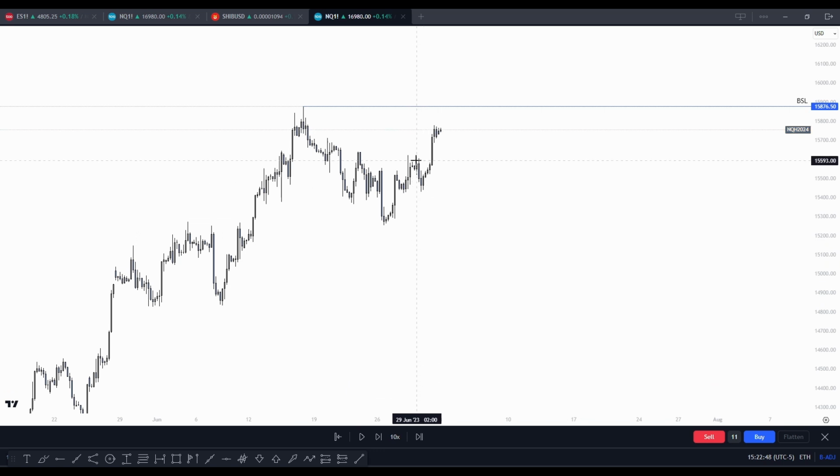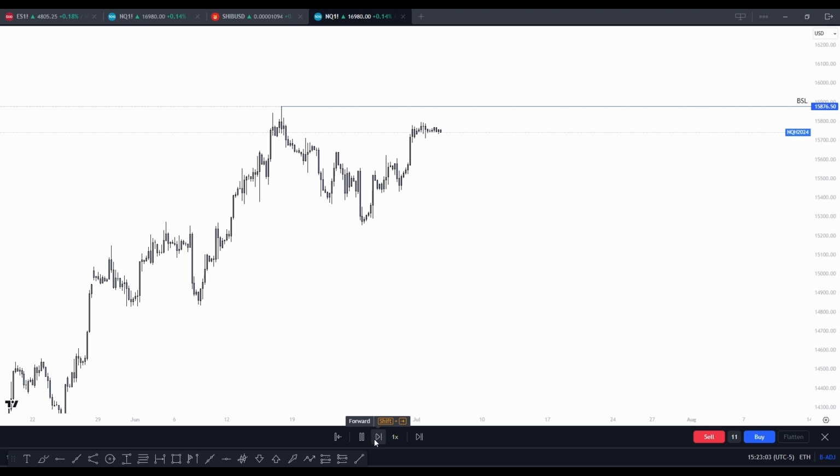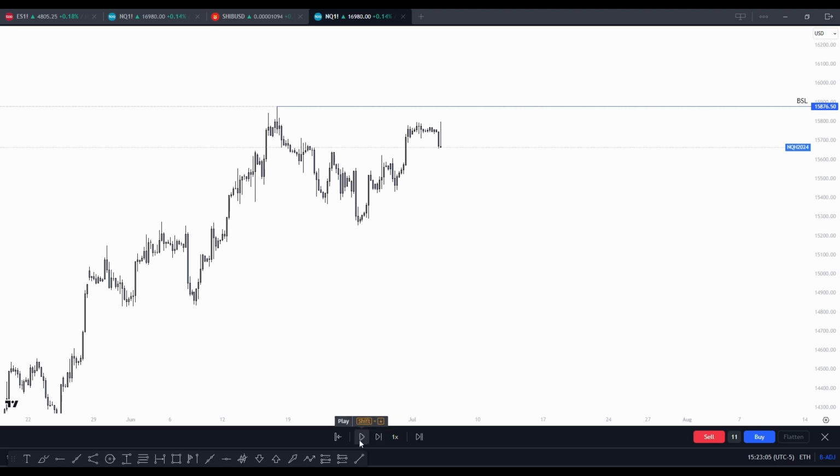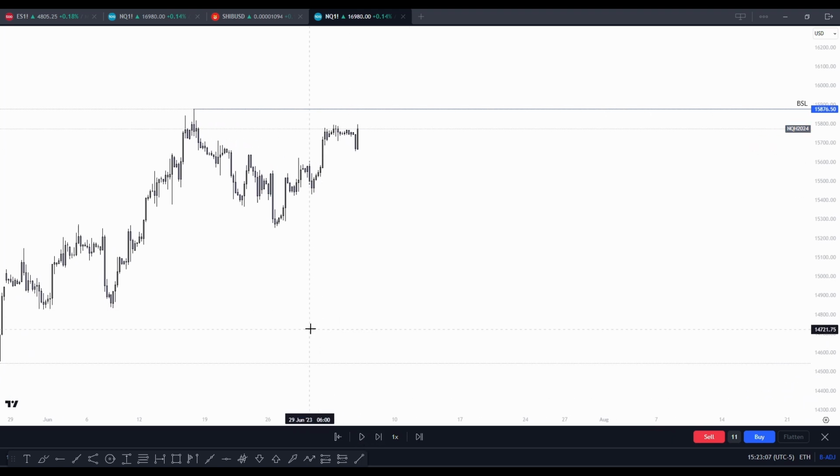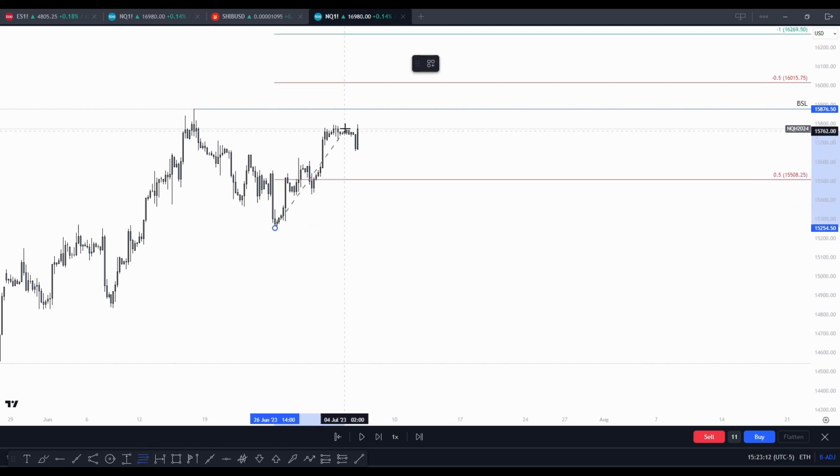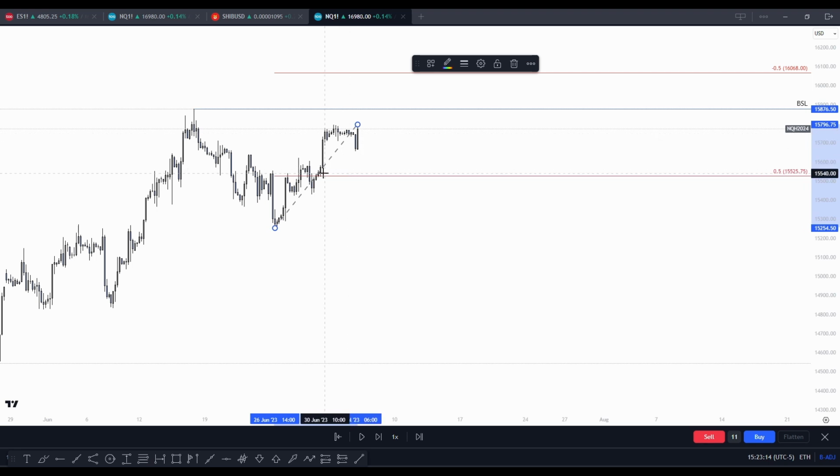So we did just get our market structure shift. Notice how we got displacement through this range as well. So let's play this out a bit. All right, we're trying to get this pullback. Now let's see, where's discount range?